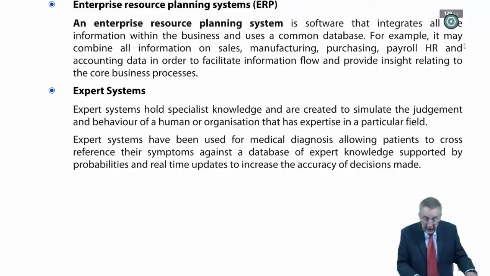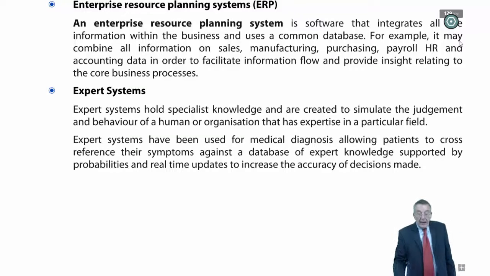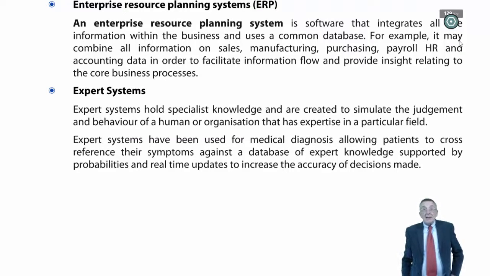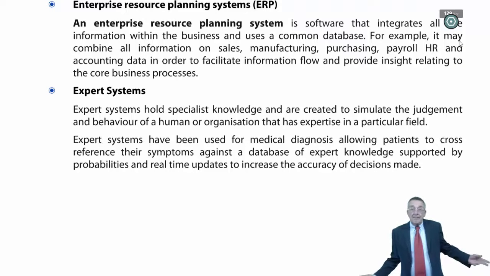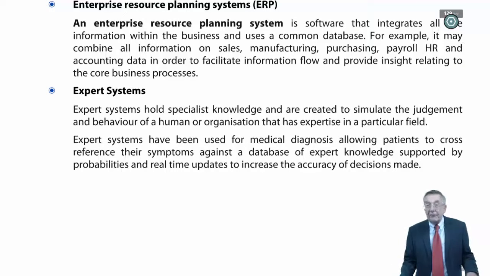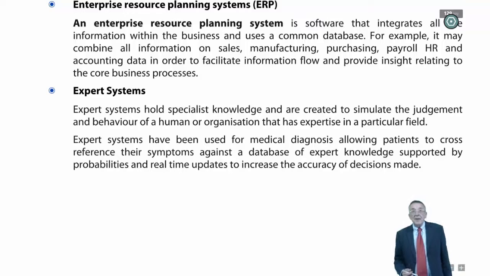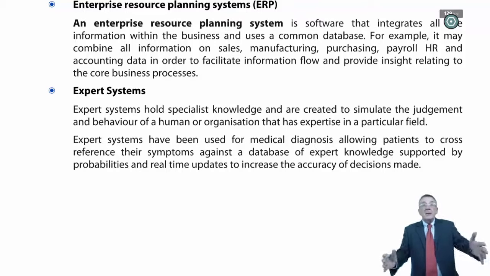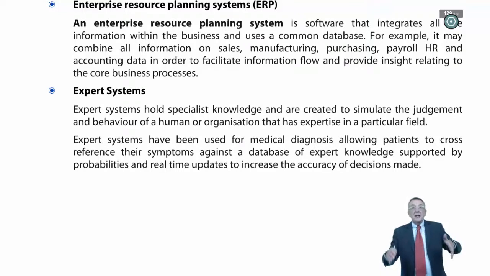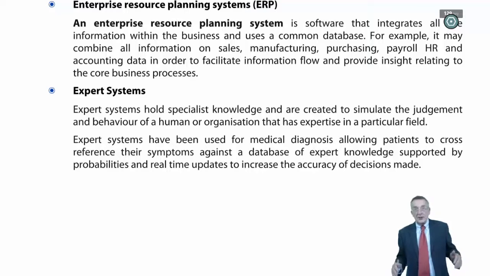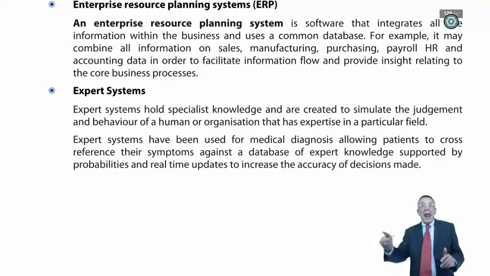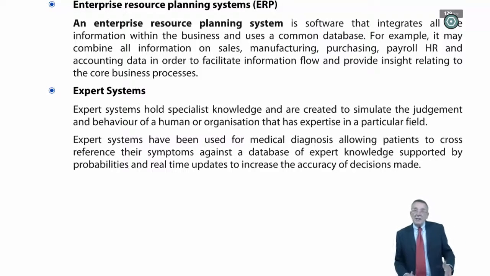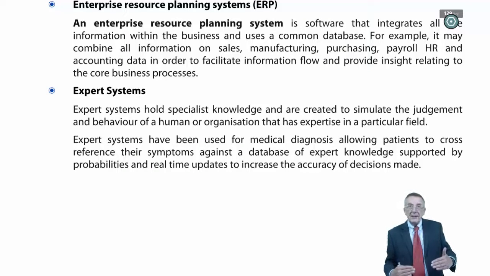There's an example mentioned in the notes here. Medical diagnosis. Again, there are all sorts of encyclopedias about different illnesses. But what an expert system does, it has all the information there. But the first question may be a picture of a body and click on which bit hurts. So you click on the leg. So it knows it's a leg problem. Well, it's got a whole list of leg problems.